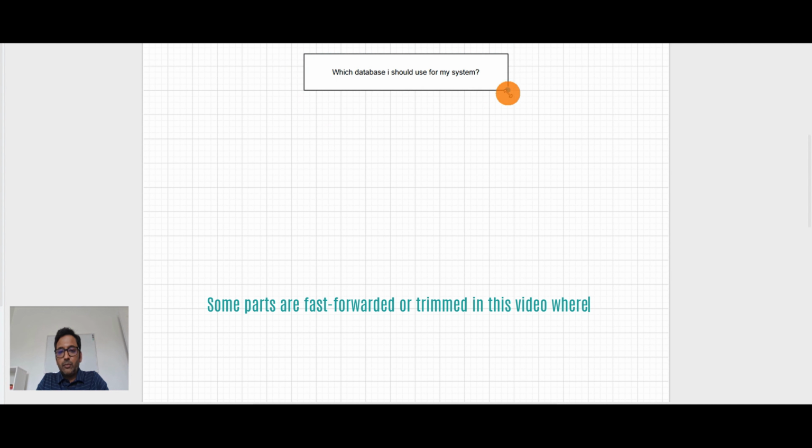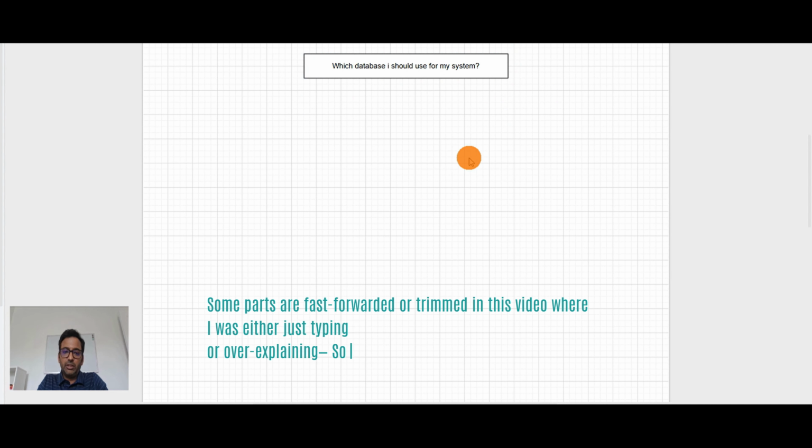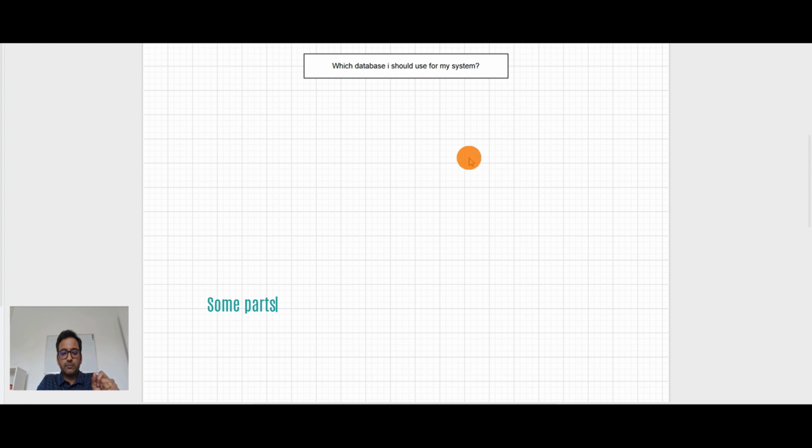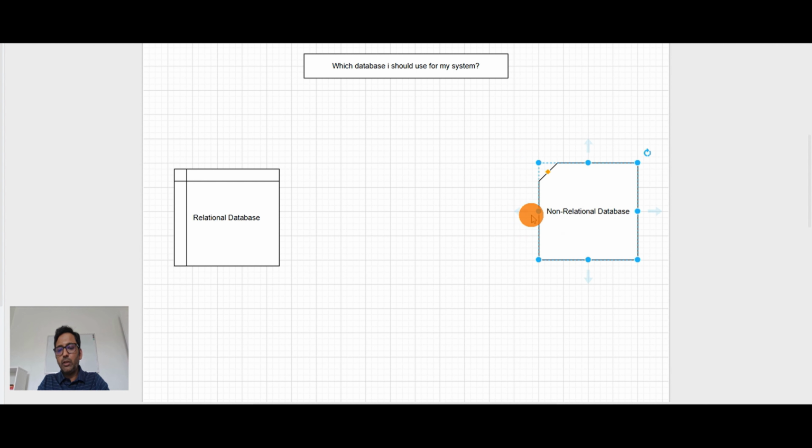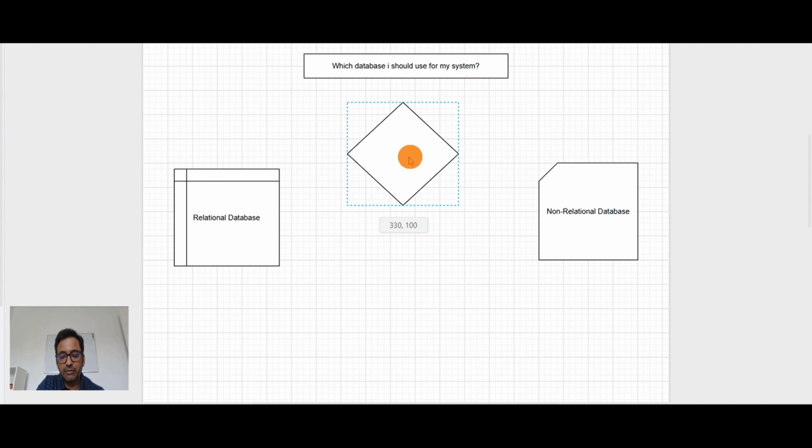The first question that comes here is, do I need a relational database or a non-relational database? Here are a few key questions we generally ask ourselves.